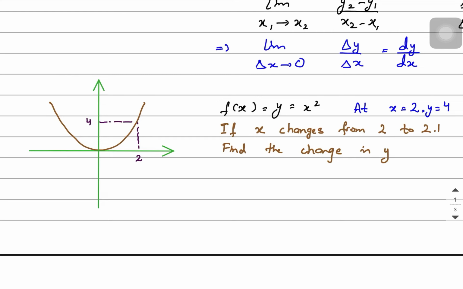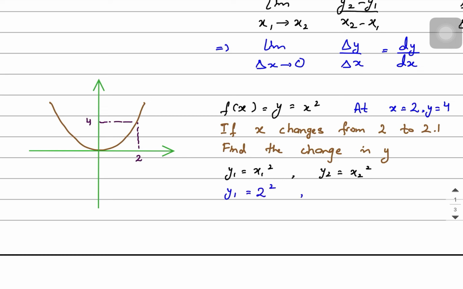Okay, so then I'm going to say that if y equals x square, my y1 should be x1 square and my y2 should be x2 square. So now y1 is basically for x1. So this is the value of x1.